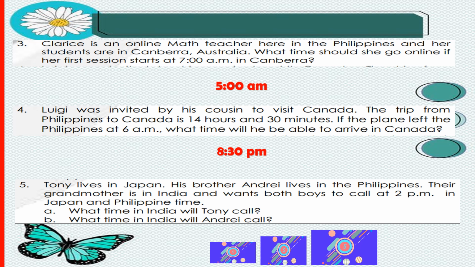Okay, so for letter A, the answer is 10:30 a.m. So for letter B, that is 11:30 a.m. Okay, so Japan would be ahead of 3 hours and 30 minutes in India. And Philippines would be ahead of 2 hours and 30 minutes in India. Okay, kasi ang Japan naman is 1 hour ahead sa atin. Okay.